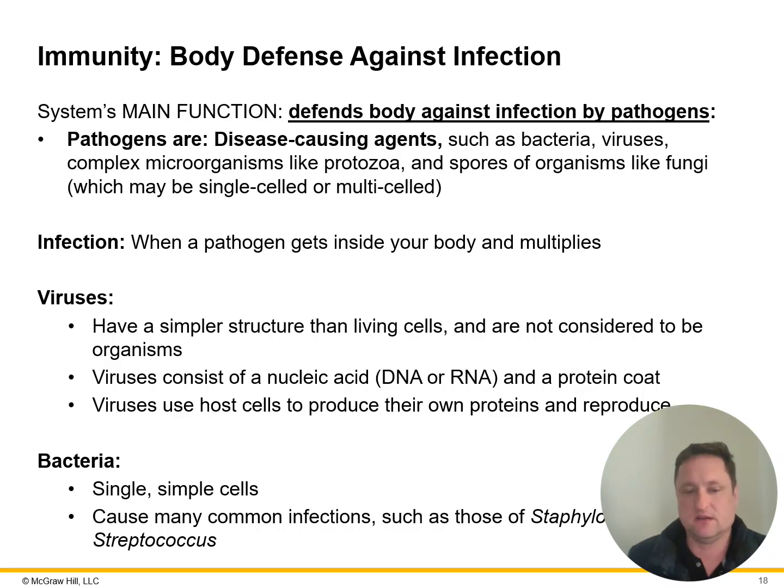And then bacteria, these are single simple cells, and they also get into our system. They multiply, and they cause some serious infections. Staph and strep are two of the common ones that tend to affect a lot of people.